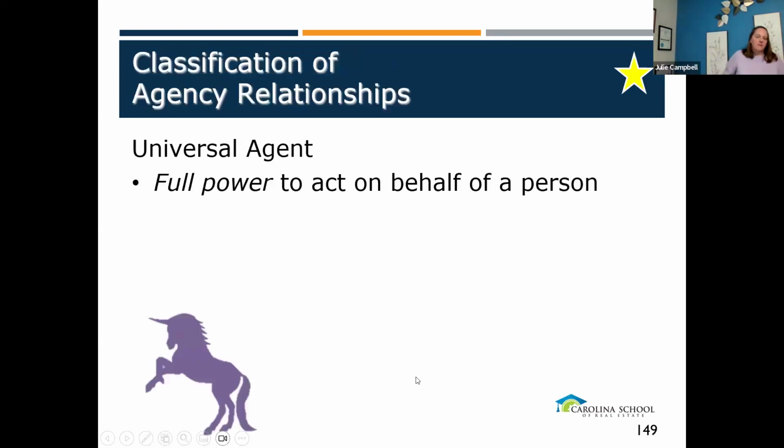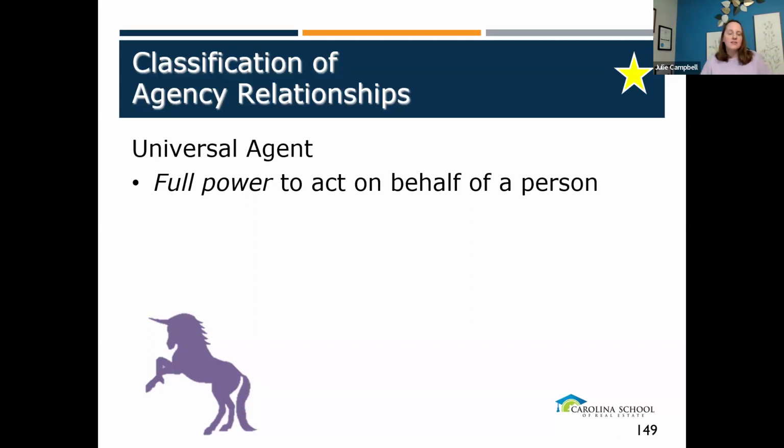So the first classification is the universal agent. The universal agent, we're going to liken that to full power of attorney. We generally get full power of attorney over like elderly parents, for example. If you give somebody full power of attorney, they're making financial decisions for you, medical decisions for you.